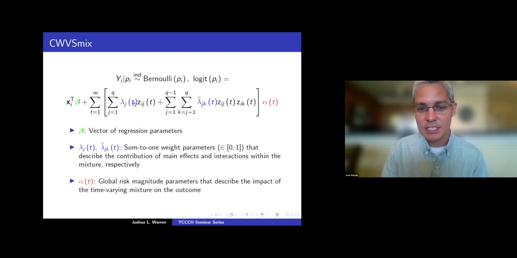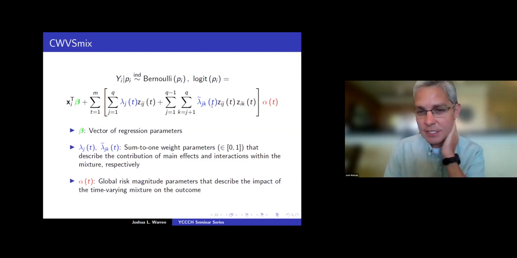You notice they're indexed by t because we're allowing the possibility that the exposure profile changes across the pregnancy. So early on in the pregnancy, maybe the risk is primarily driven by pollutant A, but later on in the pregnancy, perhaps that shifts. And so the weights would shift as well. But we expect this shift to be smoother rather than complete choppiness across the exposure weeks.